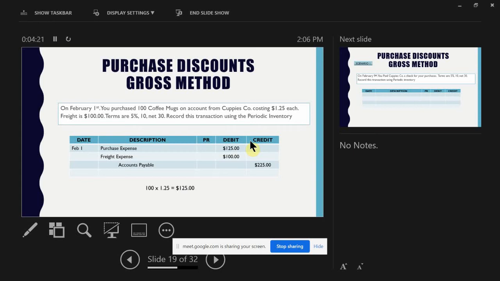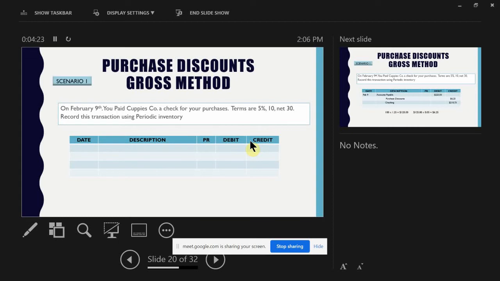I owe them $225. Now let's say scenario 1 is I actually do pay them within the discount period. So I paid them within the first 9 days. I purchased on the first, now I'm paying them on the 9th. I made the discount period. So how am I going to recognize this? I'm going to recognize what I owe them.